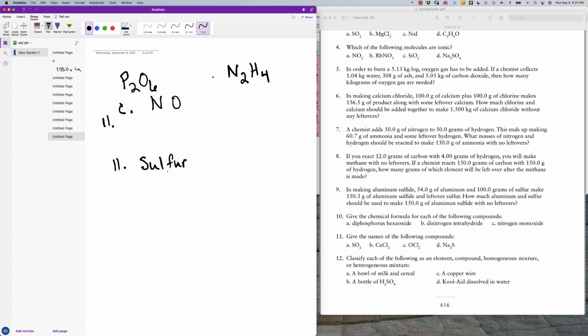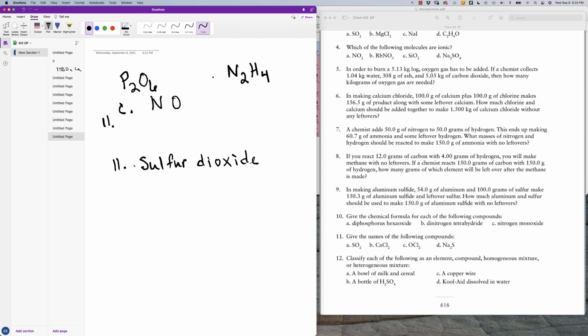There's 1 sulfur, so it's just sulfur. The other is oxygen, and we have 2 of those, so it's dioxide. Change your ending of oxygen to IDE. Sulfur dioxide.